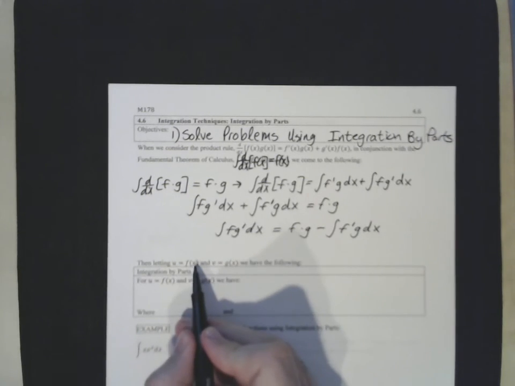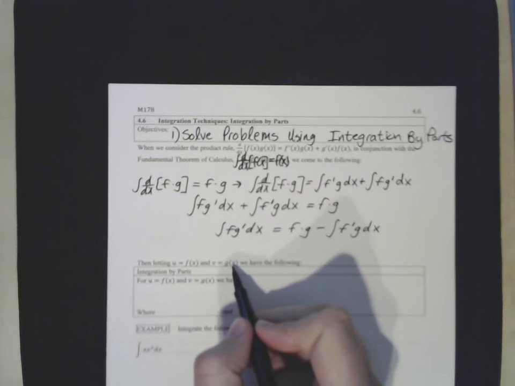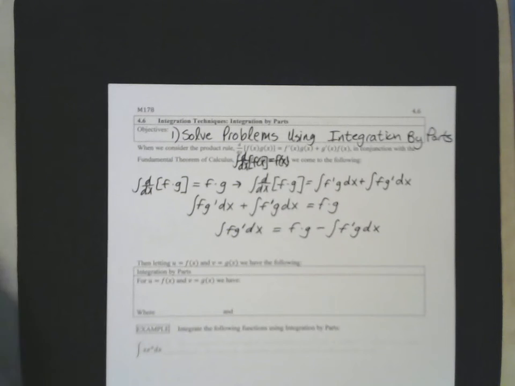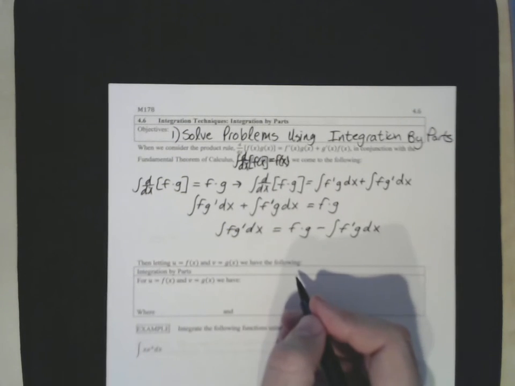Now, if we let u equal f of x and v equal g of x, well, then we have the following.